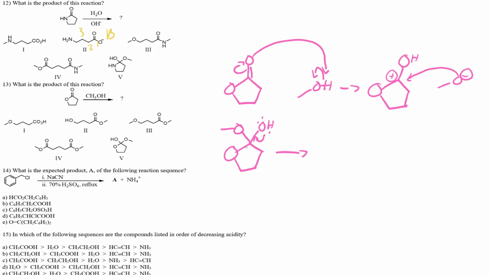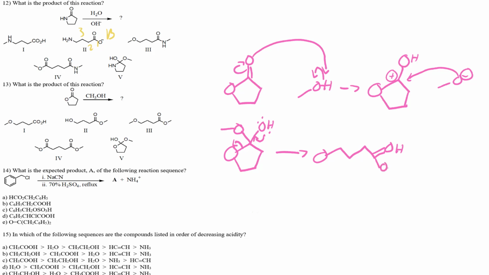And whenever that happens, this carbon, the center carbon, is going to have 5 bonds. It doesn't like that, so it's going to be breaking towards the oxygen. So let's do this. We have oxygen, then we have 1, 2, 3, and 4. And this carbon has a double bonded oxygen with a hydrogen.